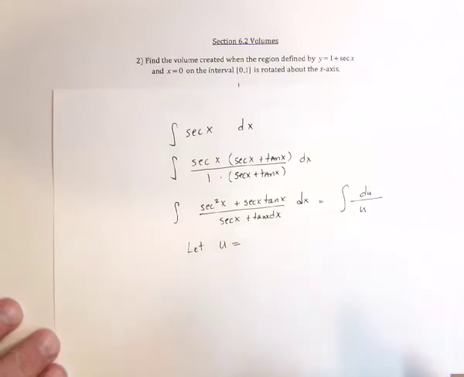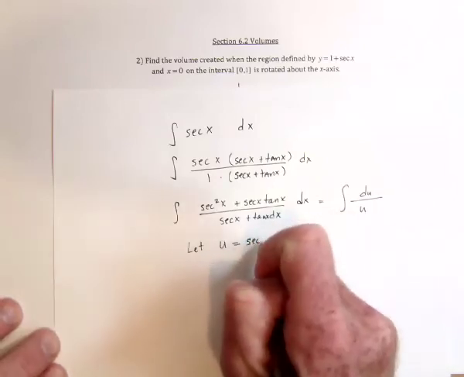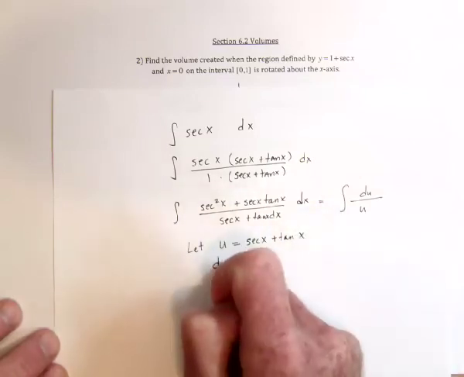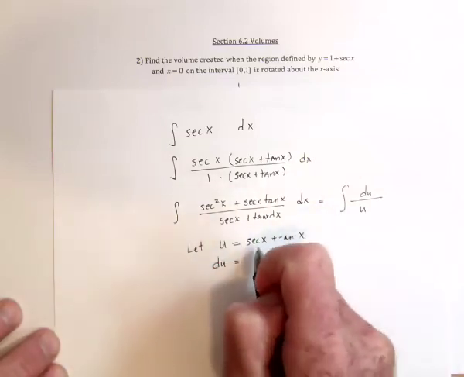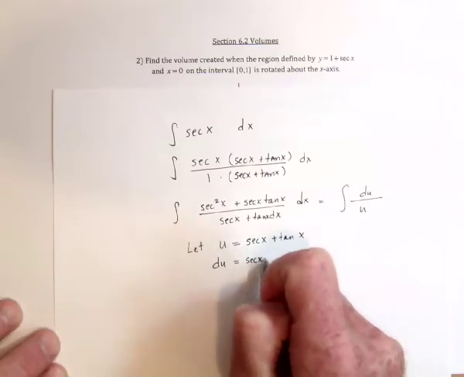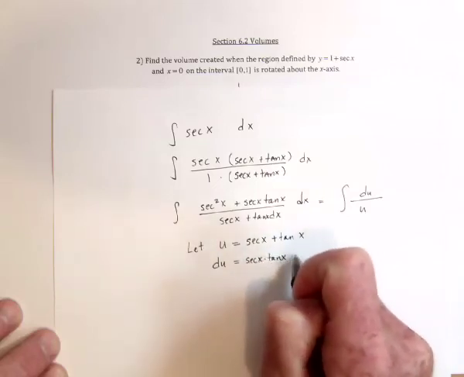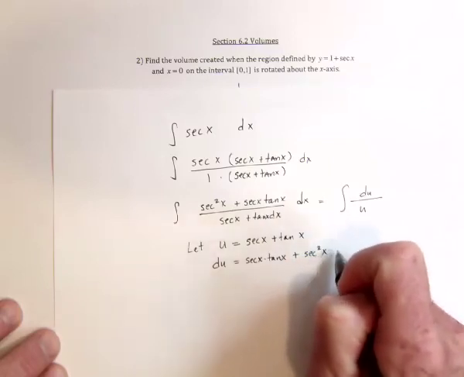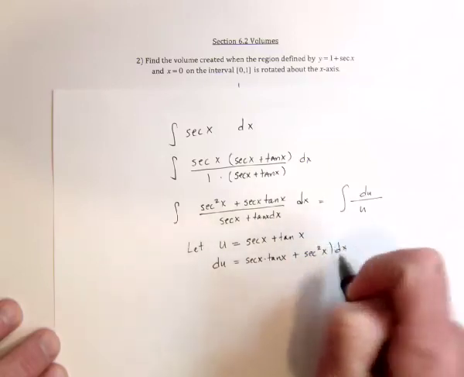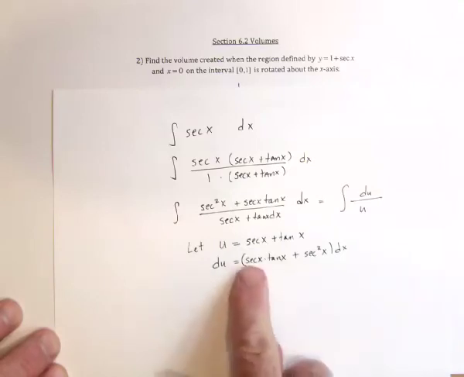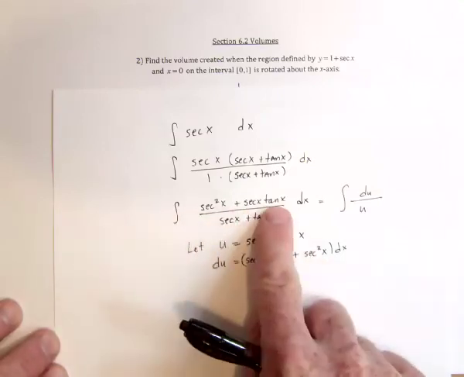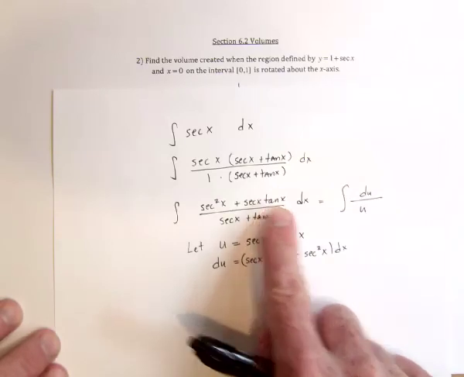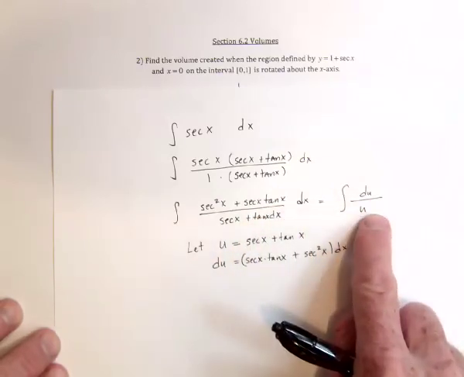So the u substitution is going to be let u equal secant of x plus tangent of x. The derivative of this is derivative of secant is secant times tangent plus the derivative of tangent is secant squared. And now you compare this with the numerator and it's exactly the same thing.